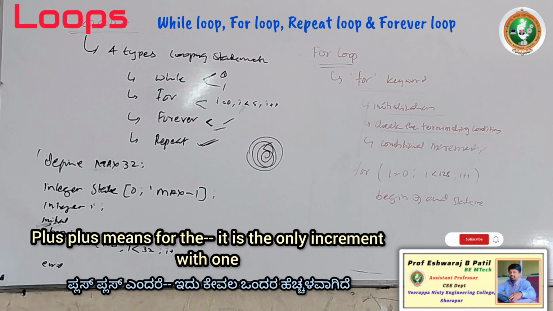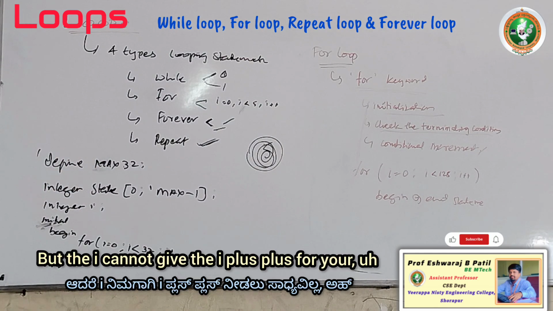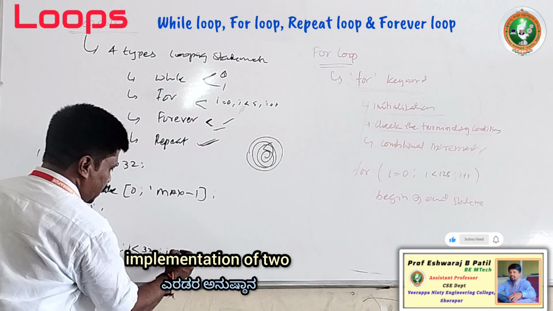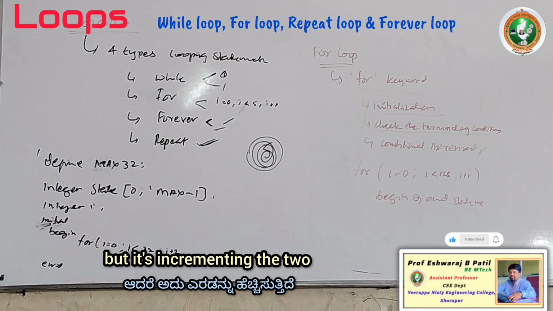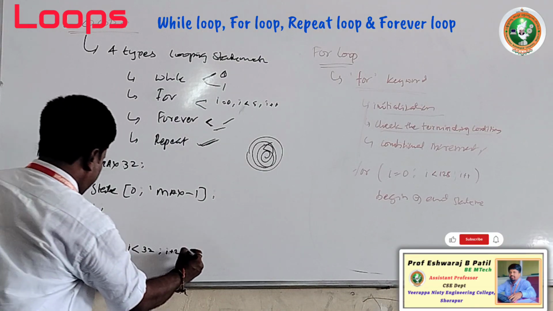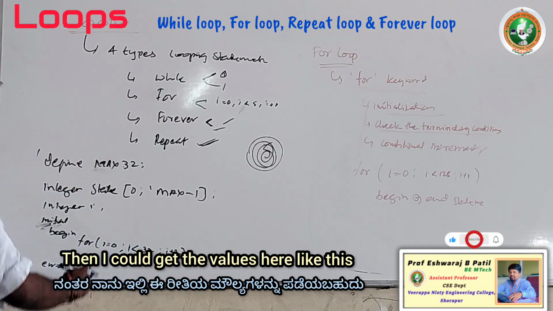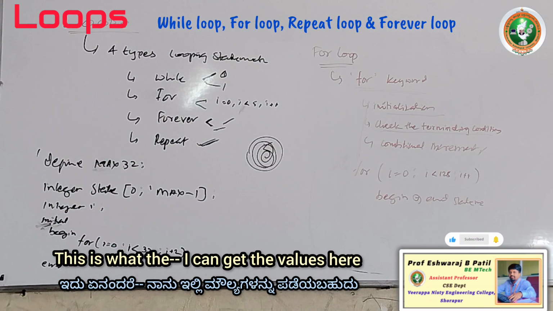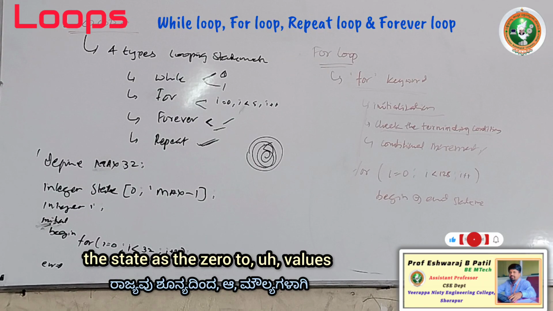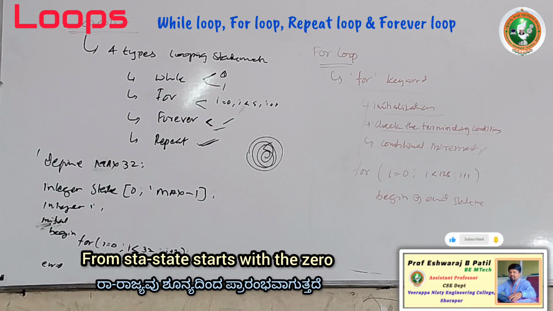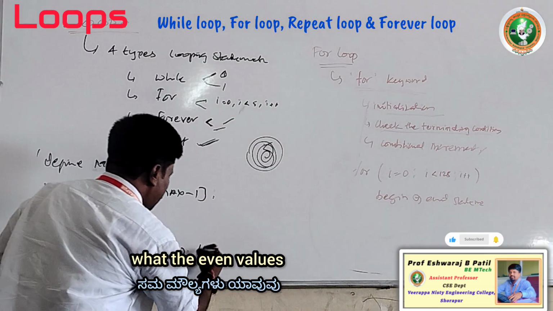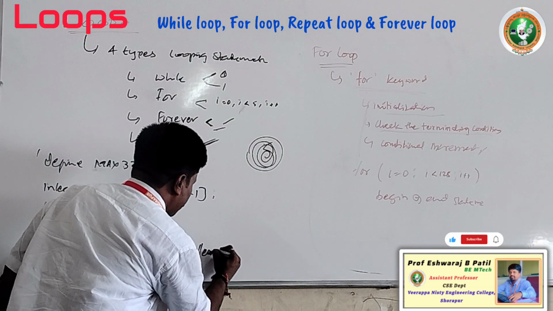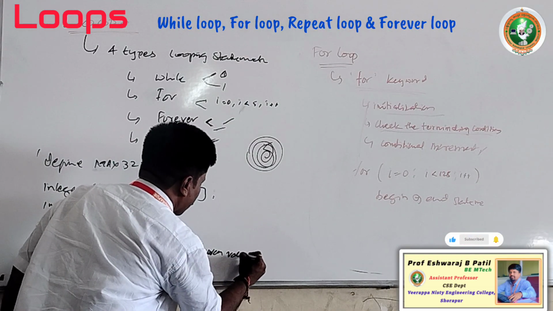Plus plus means only an increment of 1; I cannot use I plus plus for an increment of 2. If I make it I plus 2, it is incrementing by 2, and I get the values starting from 0, which means I get the even values.